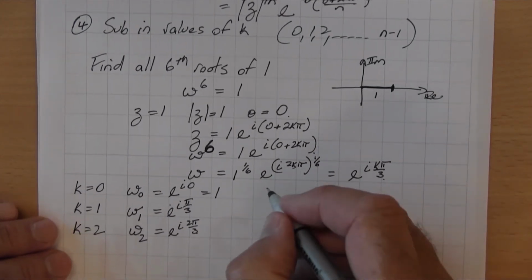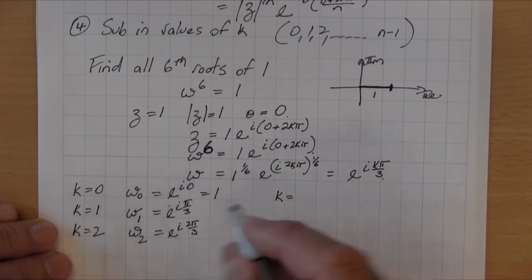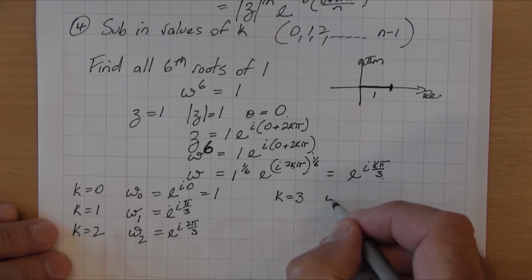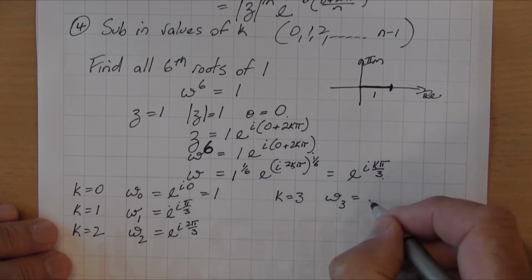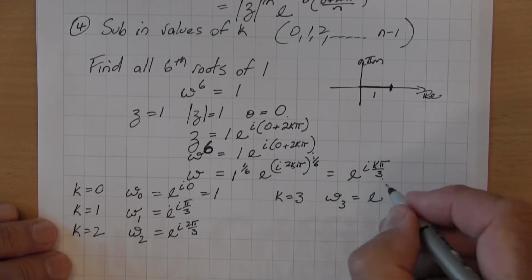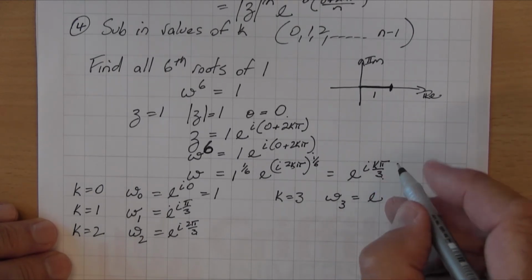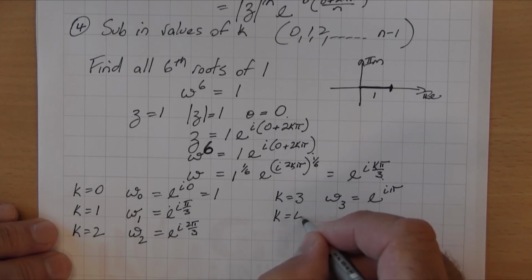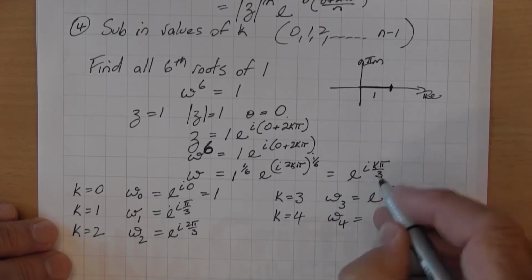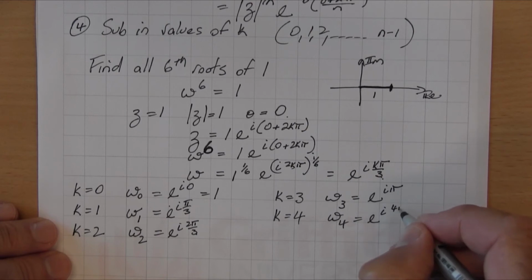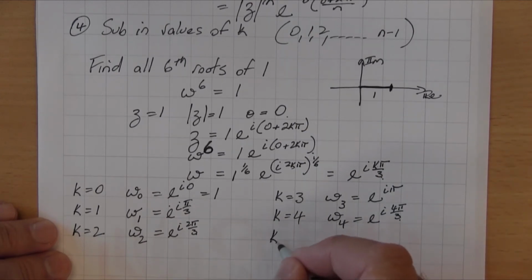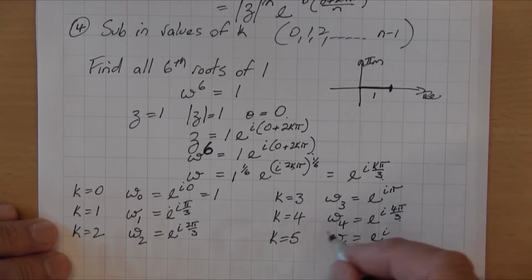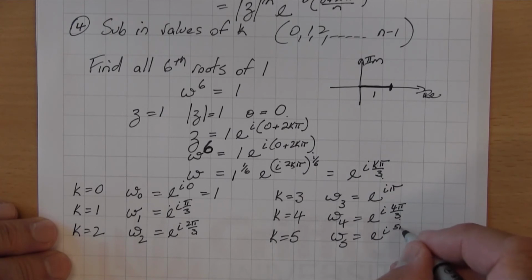K equals 3, so we're stepping up k by 1, gives us w3 is equal to e. Now k is 3, so 3 over 3 is just 1, so that's i pi. K equals 4, w4 equals e to the i 4 pi on 3, and k equals 5, w5 equals e to the i 5 pi on 3.